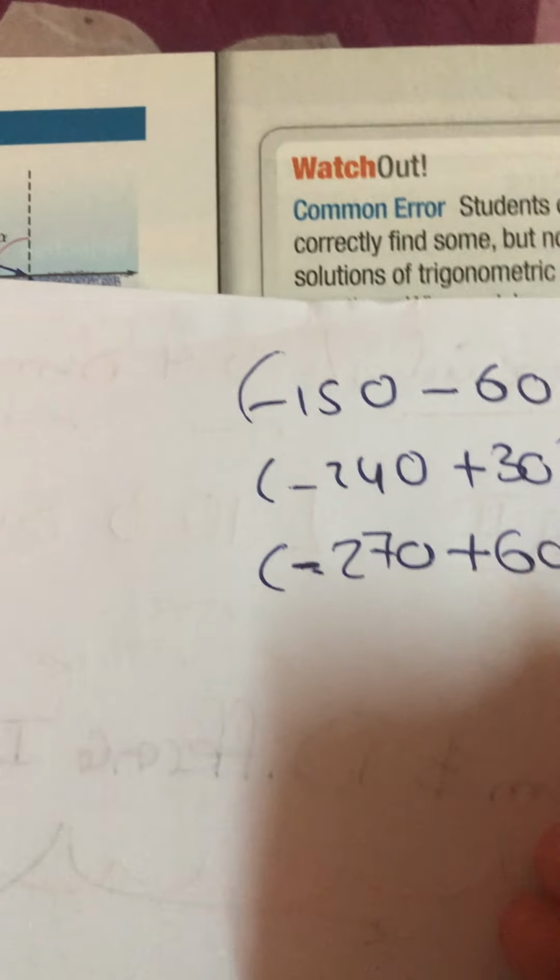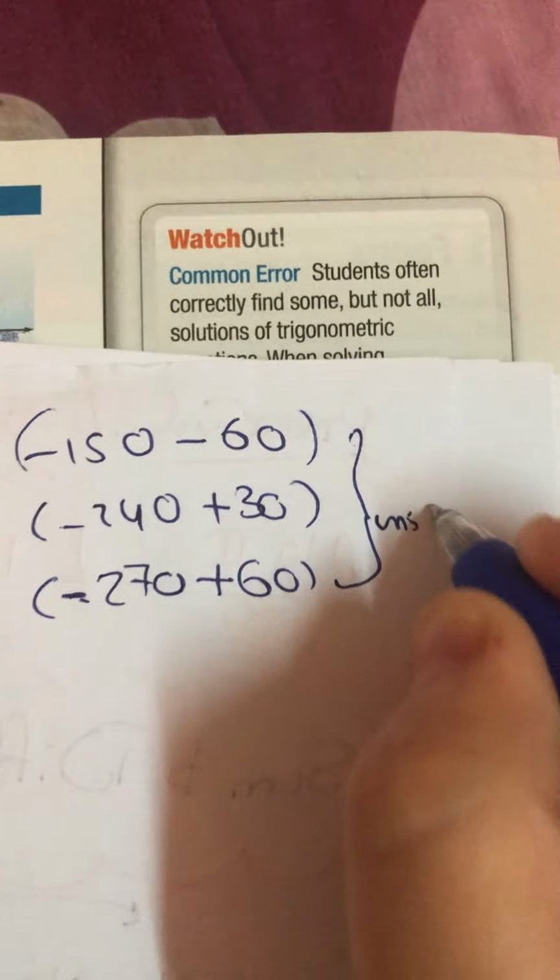You can think, for example, of a negative 150 and minus 60. Their sum is negative 210. You can think of a negative 240 plus 30, right? You can think of a negative 270 plus 60. They are all on the unit circle, they have to be on the unit circle.